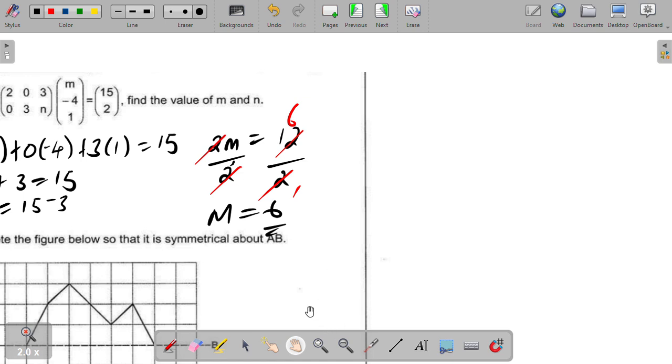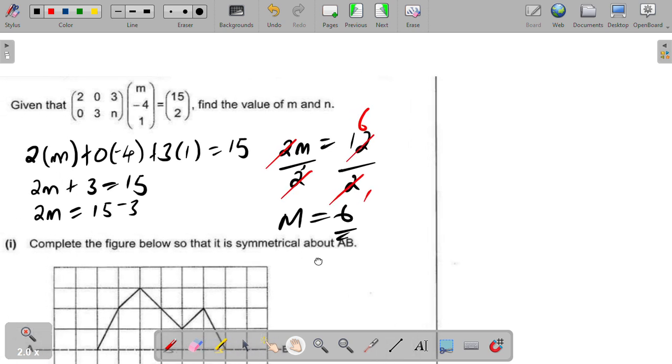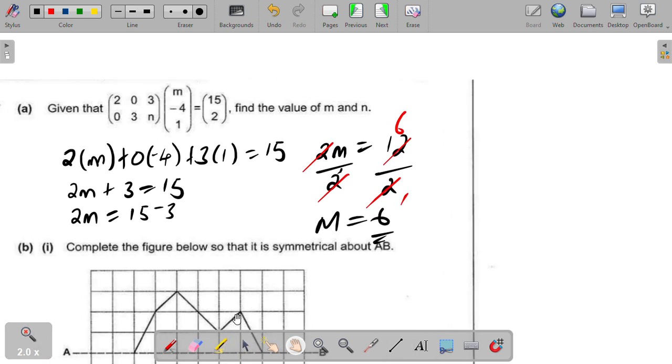So we do for the second row. This is the second row, as you can see here.